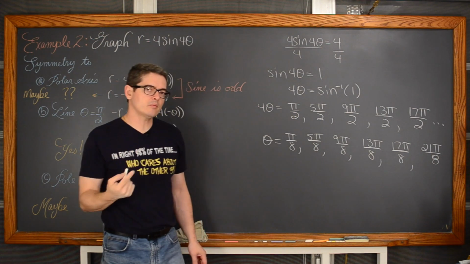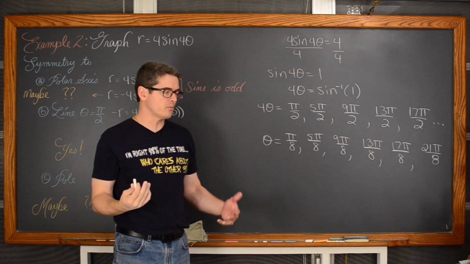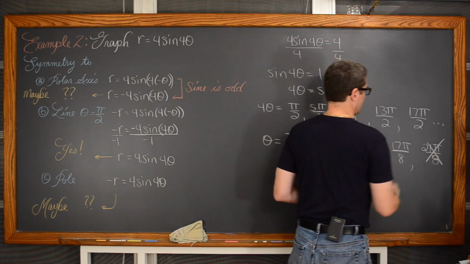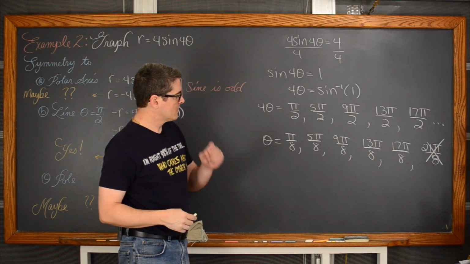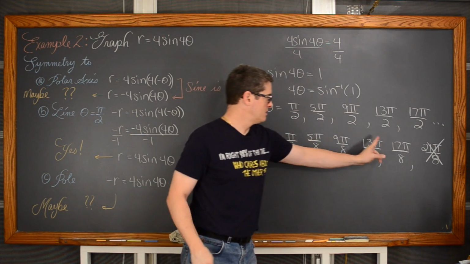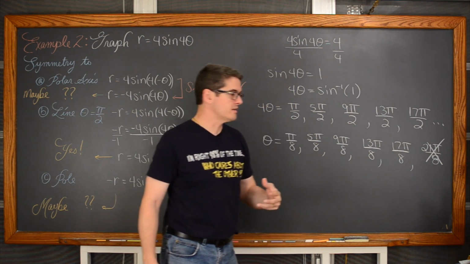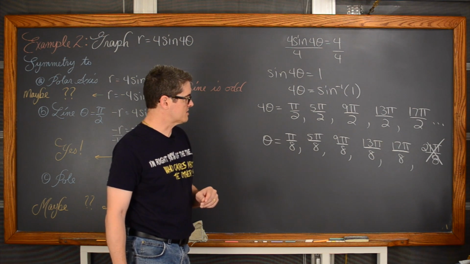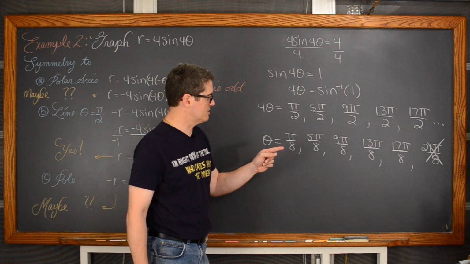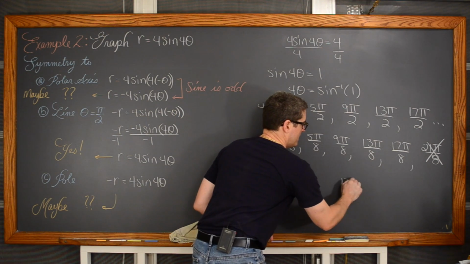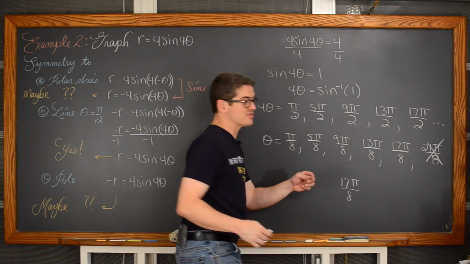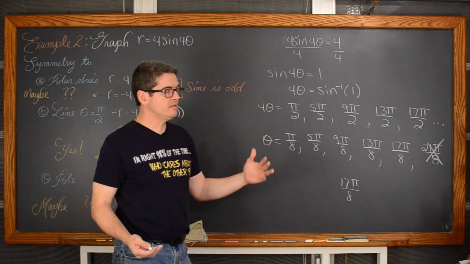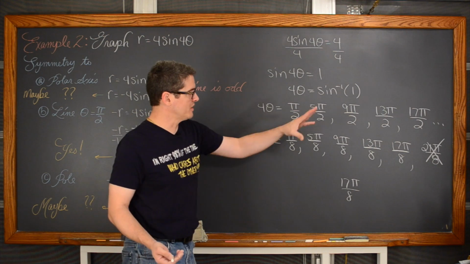Well, 21 divided by 8 is bigger than 2, so we've moved beyond the 2 pi that we need. And also, 17 pi over 8, I really went too far, because 17 divided by 8 is also bigger than 2, so I went way too far.